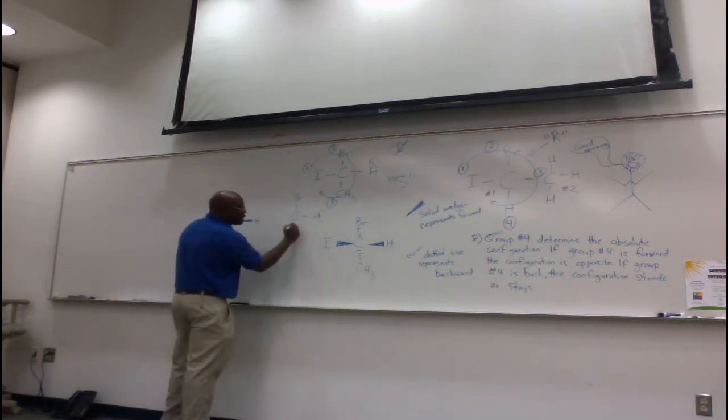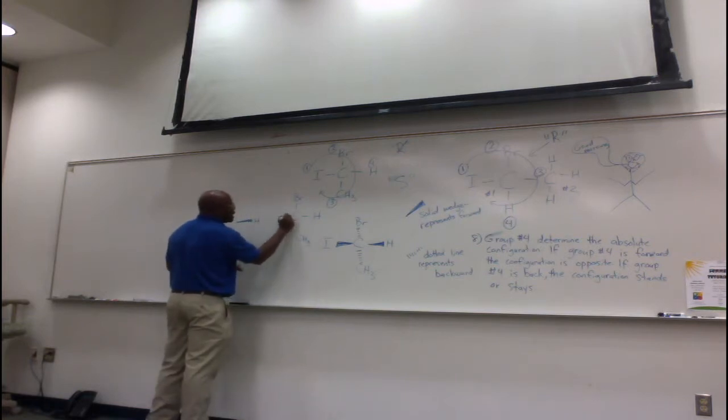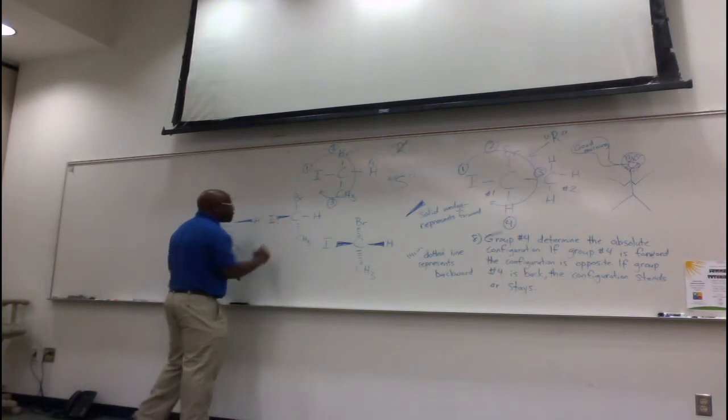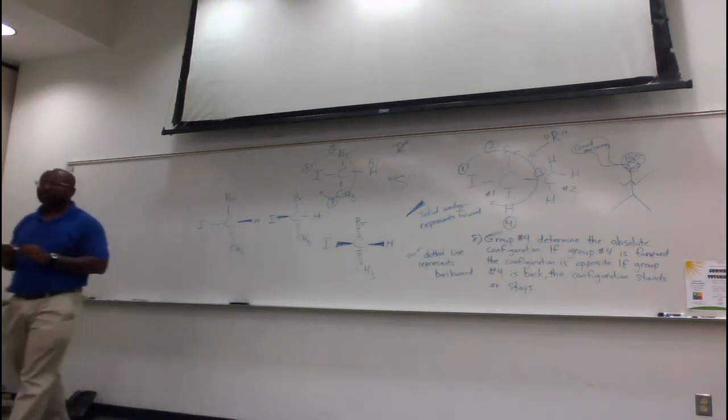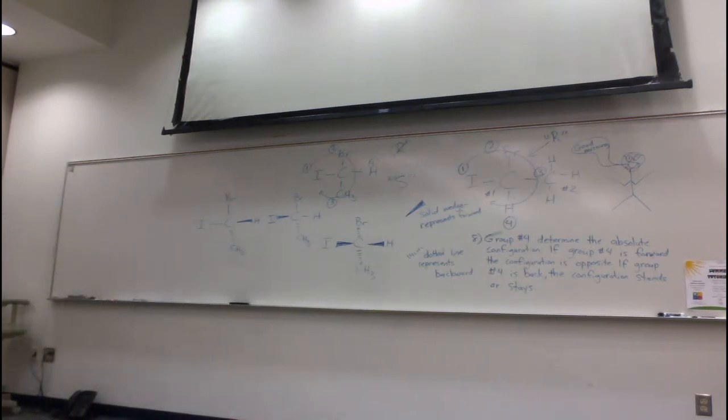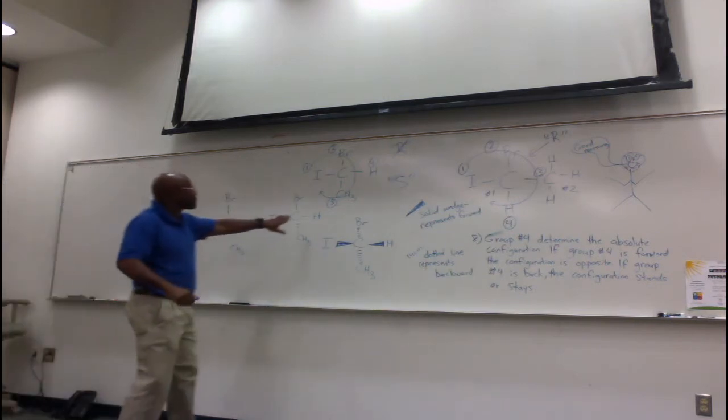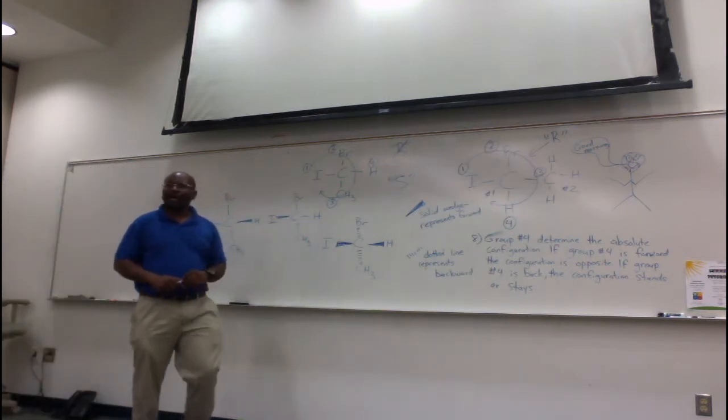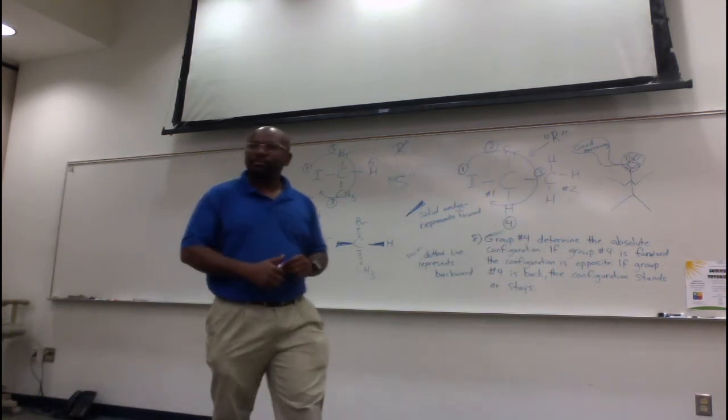This carbon atom is still going to be down, and this iodine atom will also be forward. Now, as far as our arrangements, one arrangement is a little better than the other one. In this particular arrangement, what is hydrogen, forward or backwards? Forward.